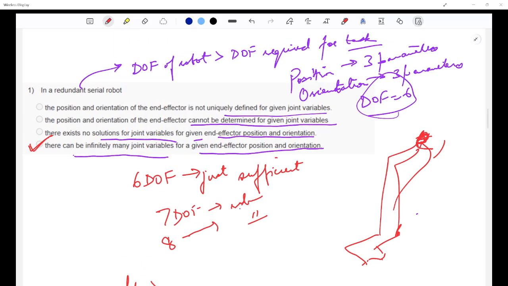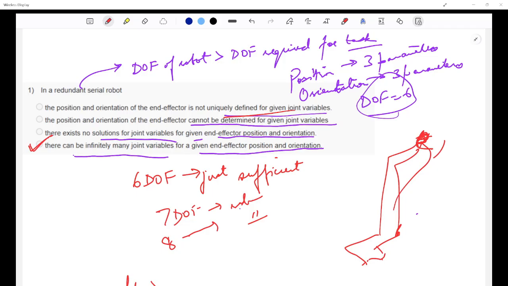The first option here was the position and orientation of the end effector is not uniquely defined for given joint variables. This means that the same joint variables can lead to multiple poses, but that never happens. Forward kinematics is deterministic.